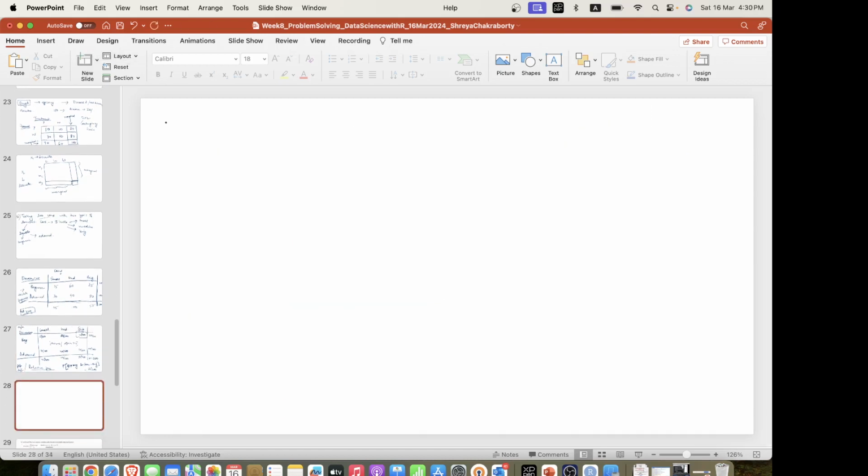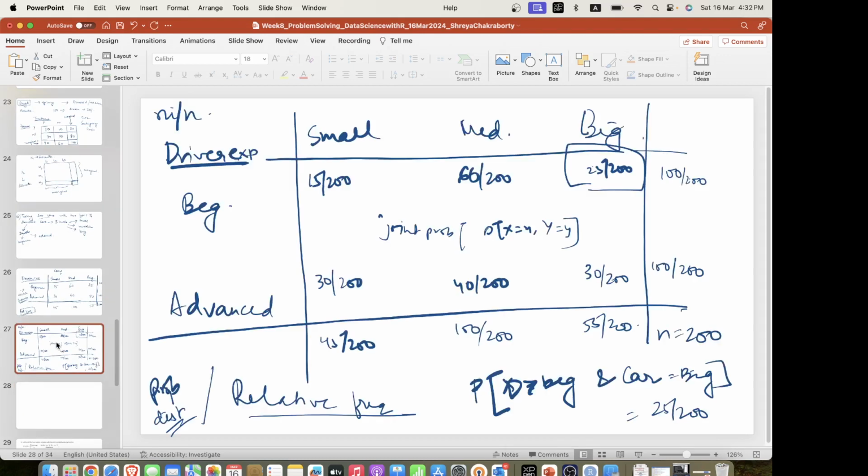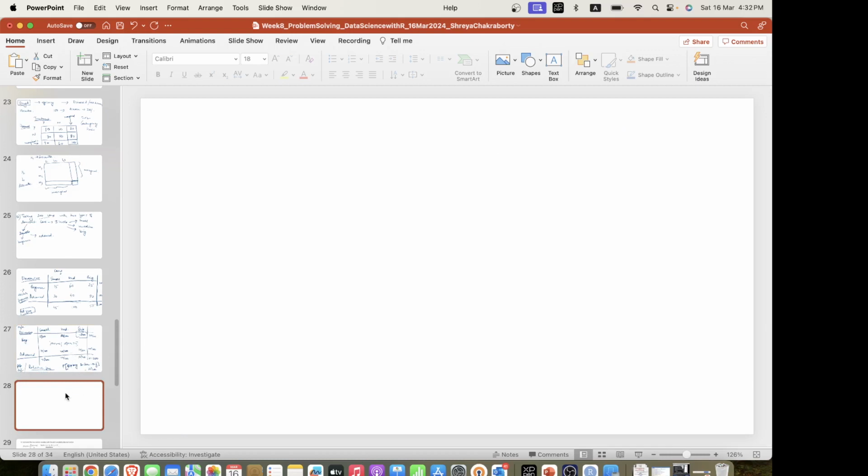That is probability X equal to x and Y equal to y. Now, where was I? I was looking at the probability distributions. Now, if suppose somebody asks for marginal distribution of the driver experience, let's say.